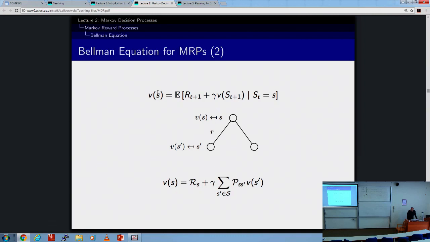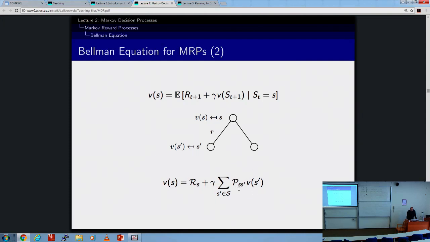To translate the Bellman equation into a form that doesn't use expectations, we can say the value function for S, my current state, is equal to whatever reward I'm getting from S right now, because I know that for sure, plus gamma times this summation. So a discounted version of this summation. What's this summation?